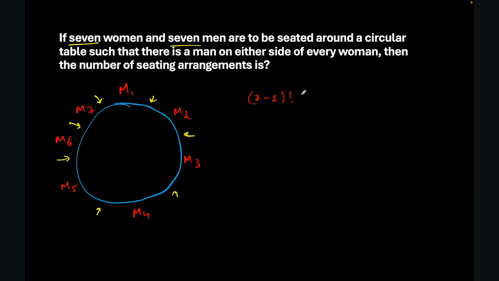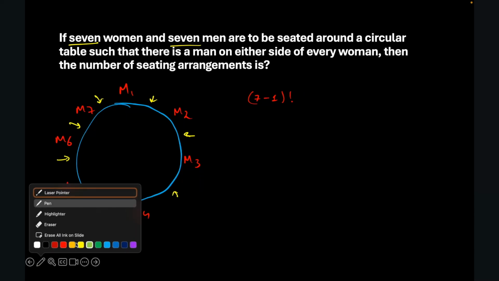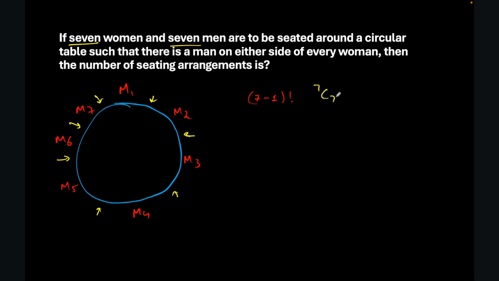So I'll take 7C7. That's basically 1. And how many ways can these women be arranged? Well, that's 7 factorial ways. I've taken 7 because think of it as a linear arrangement.